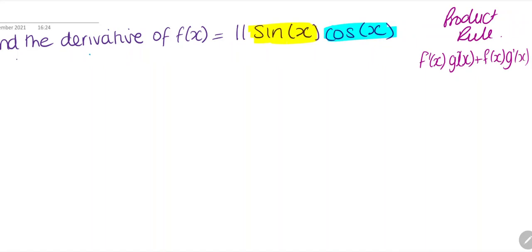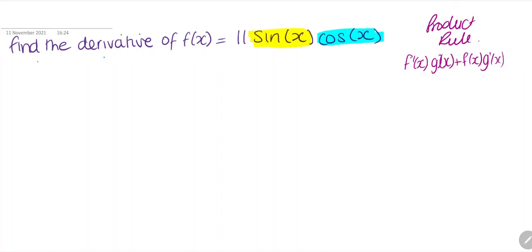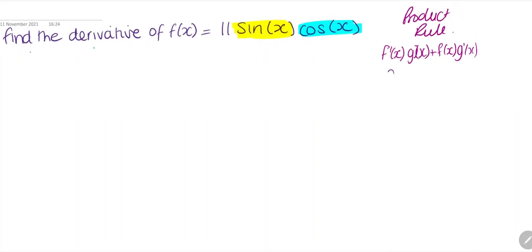So if we write down the derivatives, we've got f of x is sine of x. So we're going to write this as 11 sine of x. Keep it the same, 11 sine of x. So our derivative, this is going to be, we still have the 11, but the derivative of sine is cosine, so this is cosine of x.